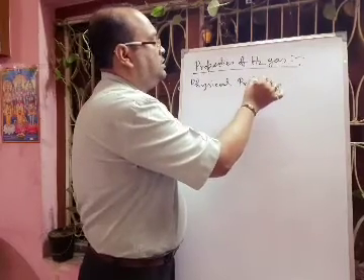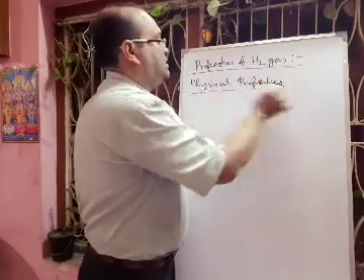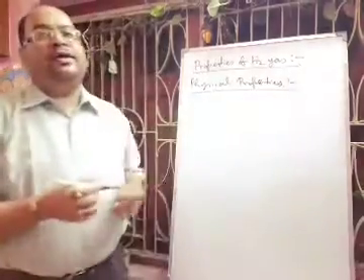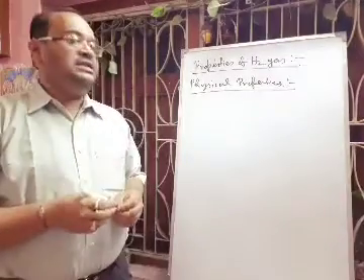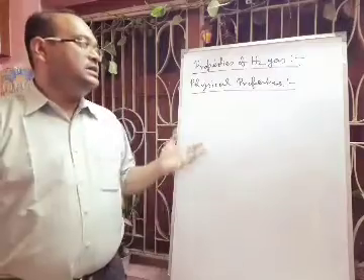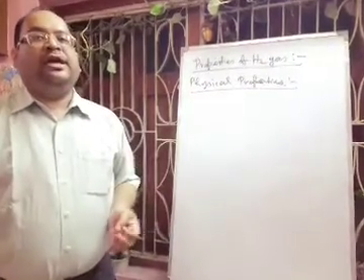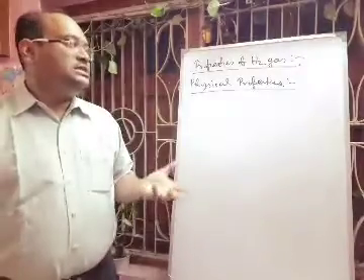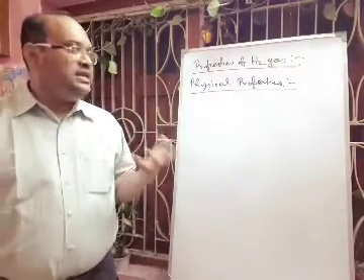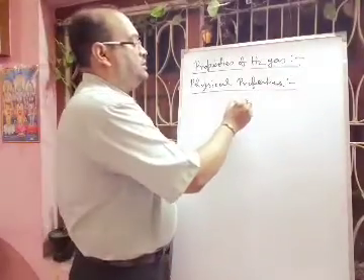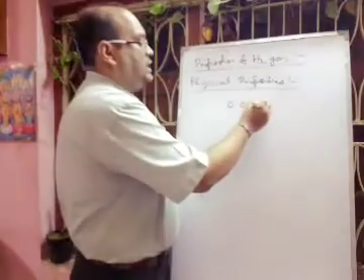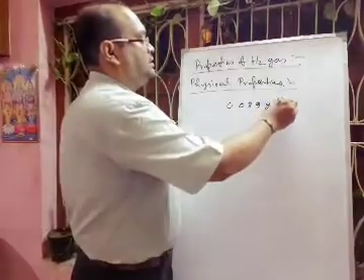All of you know, I think, about the physical properties of hydrogen gas. Hydrogen gas is colorless, odorless, tasteless, and also non-toxic. If you think about the density, hydrogen gas has a very low density. It is 0.089 gram per ml.